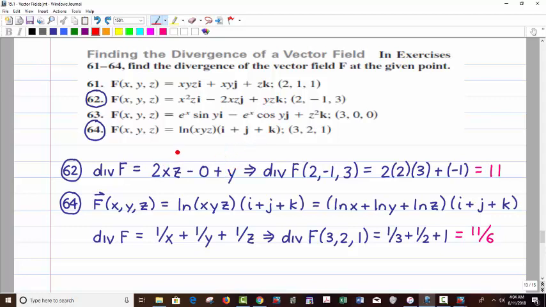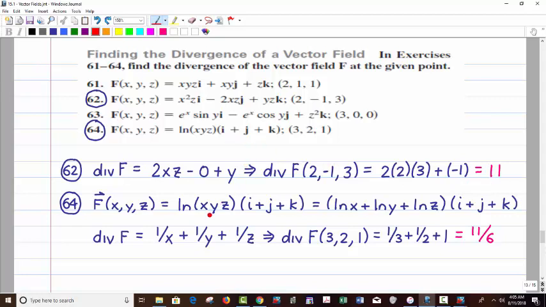So really you have 2xz plus y would be acceptable as a divergence, but now they want to evaluate it at a specific point, (2, -1, 3). So you just plug in, remember, 2 for x, 3 for z, that makes that 12. -1 for y, 12 minus 1 is 11.